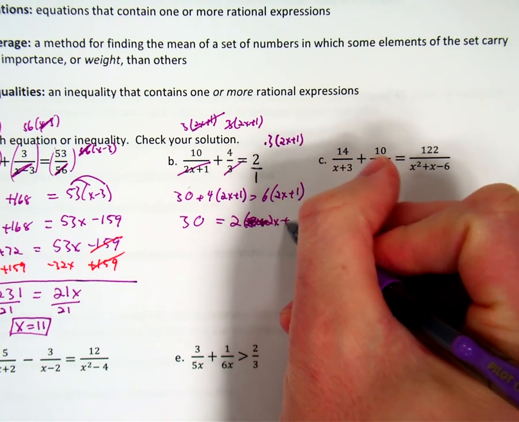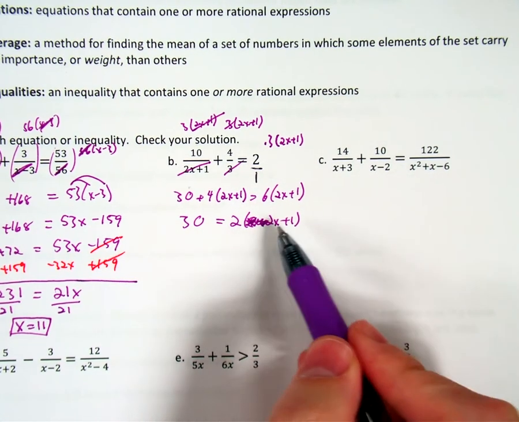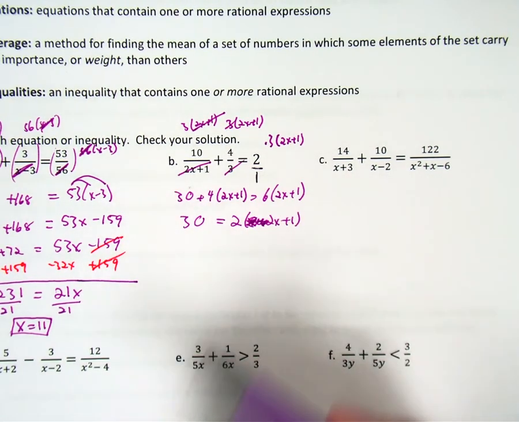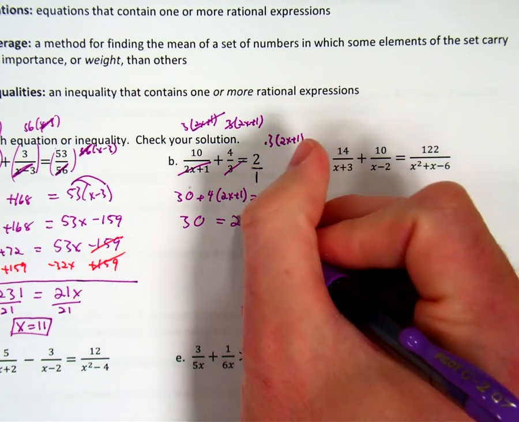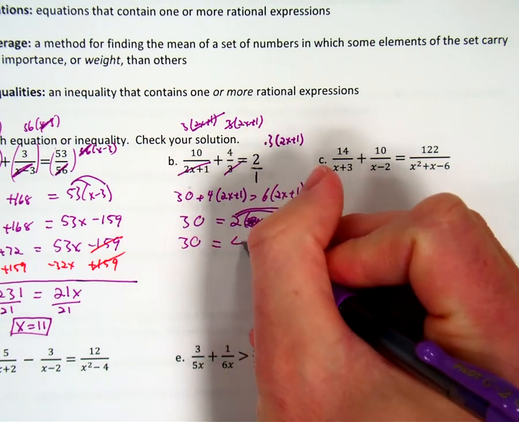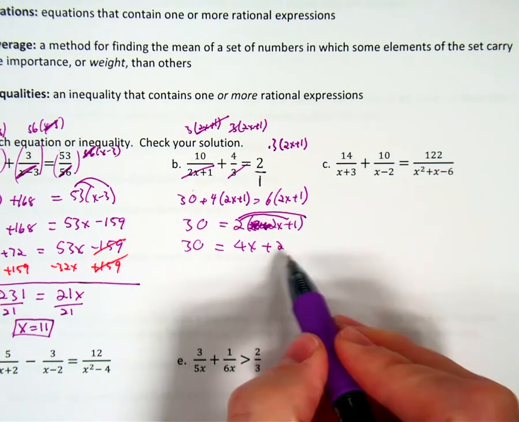Drawback of using pen: if I use pencil, it's tough to pick it up on the overhead projector. If I use pen, not good when you make a mistake. All right, distribute this out. 30 equals 4x plus 2. Subtract the 2.